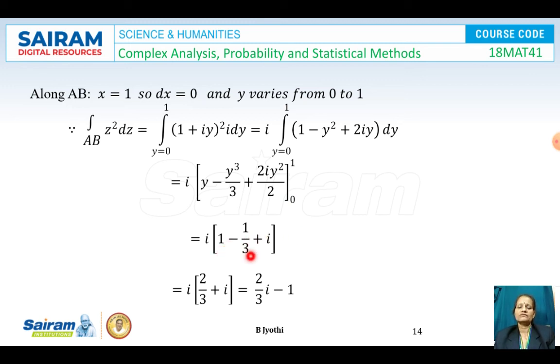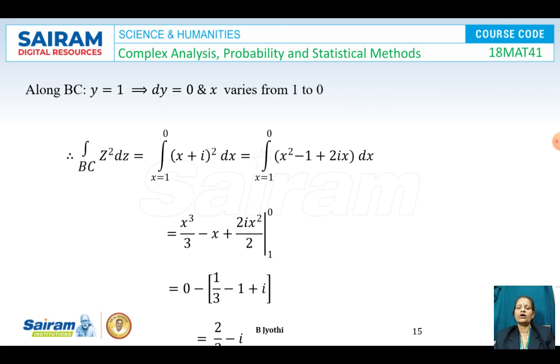Therefore, 1 minus 1 by 3 plus 2 by 3 i minus 1. Next, along BC, we get y equal to 1 and dy equal to 0, x varying from 1 to 0, which on simplification, integrating x plus i whole square dx, gives 2 by 3 minus i.